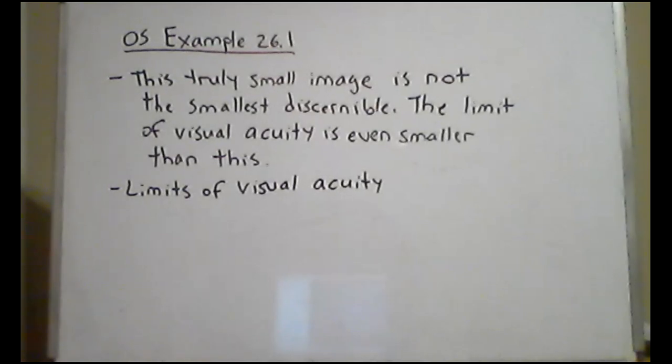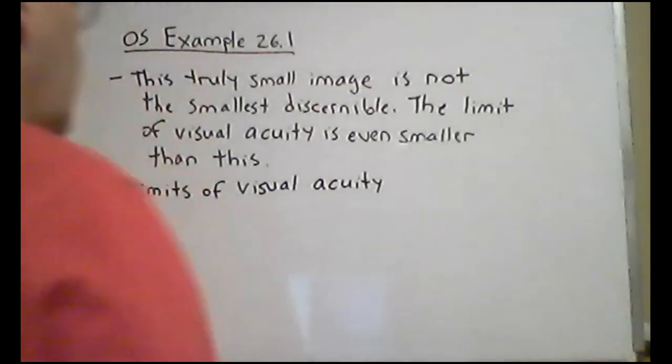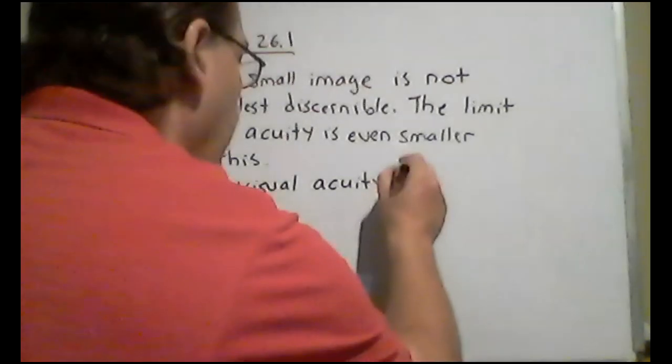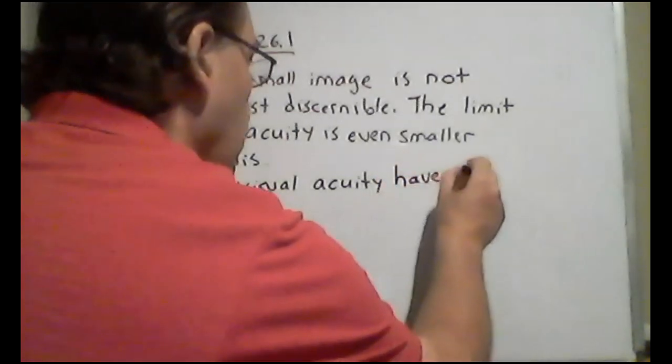We're getting to a point where geometrical optics is very soon going to fail, and we'll have to actually handle light as a wave. That is what makes the limit of visual acuity: at some point light becomes a wave. You cannot see something that's smaller than a wavelength of light. So limits of visual acuity have to deal with the wave properties of light.